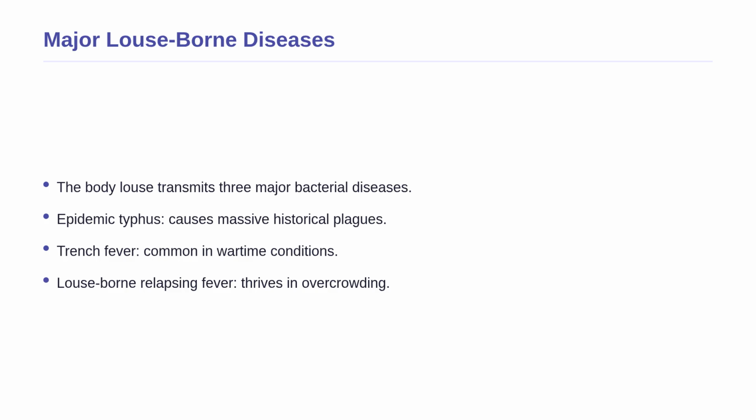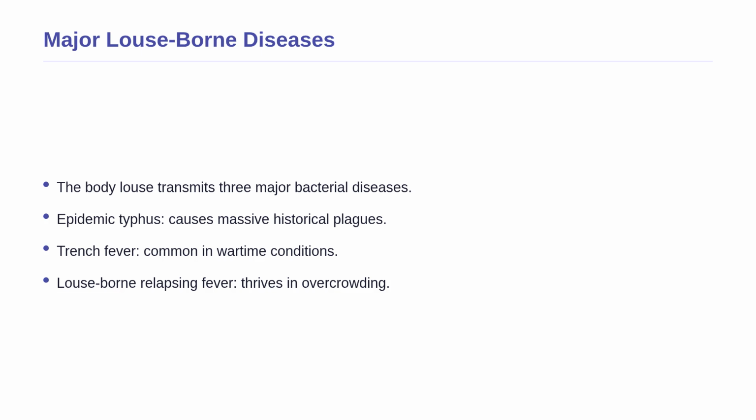Now that we have seen the transmission mechanism, we must identify the specific threats it carries. Through this crude posterior station transmission, the body louse acts as the primary vector for 3 major bacterial diseases. The most devastating of these is epidemic typhus, which has historically wiped out entire armies and populations.